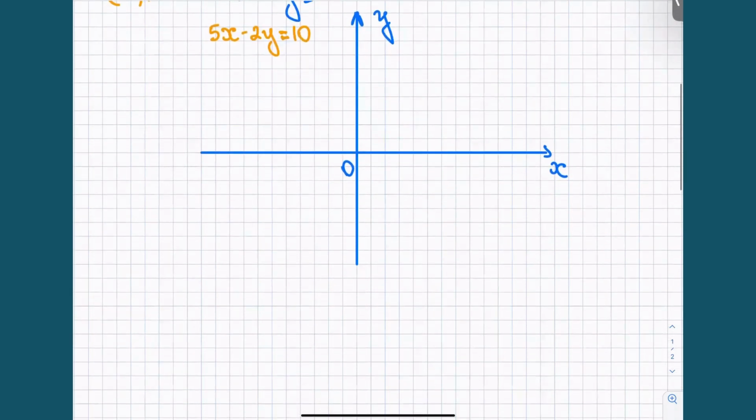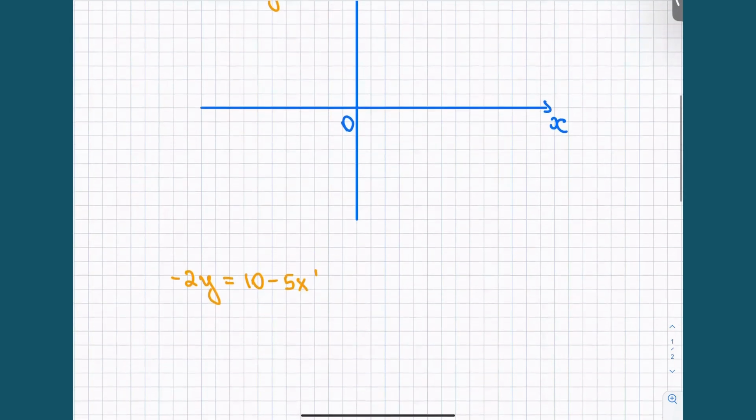First, to make it easier, dear students, probably I will try to get the explicit representation of this y function. So what I'll be doing, I'll be isolating y on the left-hand side. So then we will get 10 minus 5x. And now we will be dividing the whole equation by minus 2.